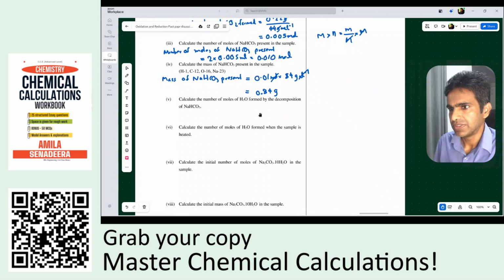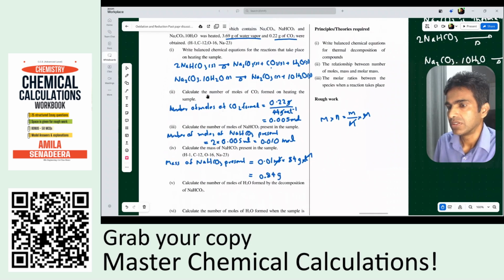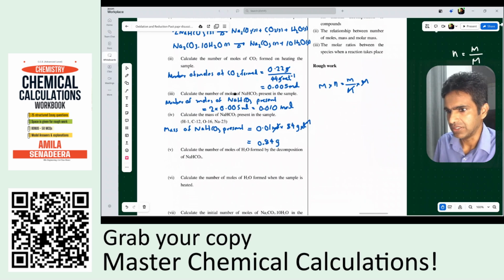Then fifth one, calculate the number of moles of water formed by the decomposition of sodium bicarbonate. So we know number of moles of sodium bicarbonate decomposed, and we know number of moles of carbon dioxide produced during that decomposition. Therefore, we can calculate number of moles of water vapor produced during that decomposition reaction.